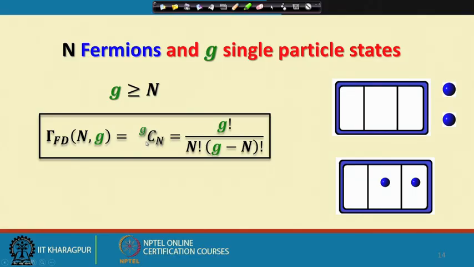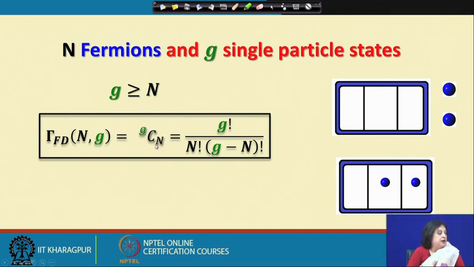Can I get the general number where I can say that, if you have g single particle states and you have capital N fermions to be distributed over them, what is the number of microscopic states that you will be generating? And this obviously is the answer. You basically have to choose the number of ways in which you can distribute capital N particles in small g boxes.